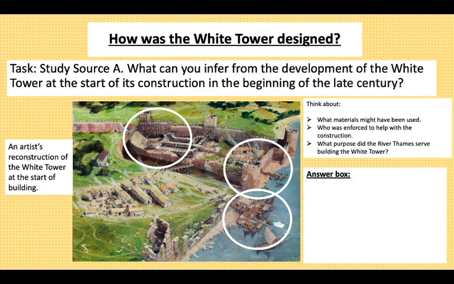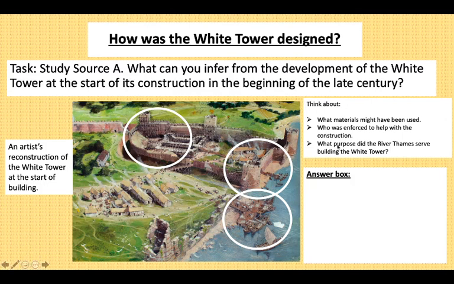So it was a large project to undertake. These people that were involved would probably be the Anglo-Saxons. If they were involved with helping build the White Tower, then William I would probably reward them with some type of land or perhaps money, like we've discussed when looking at the feudal system last year.